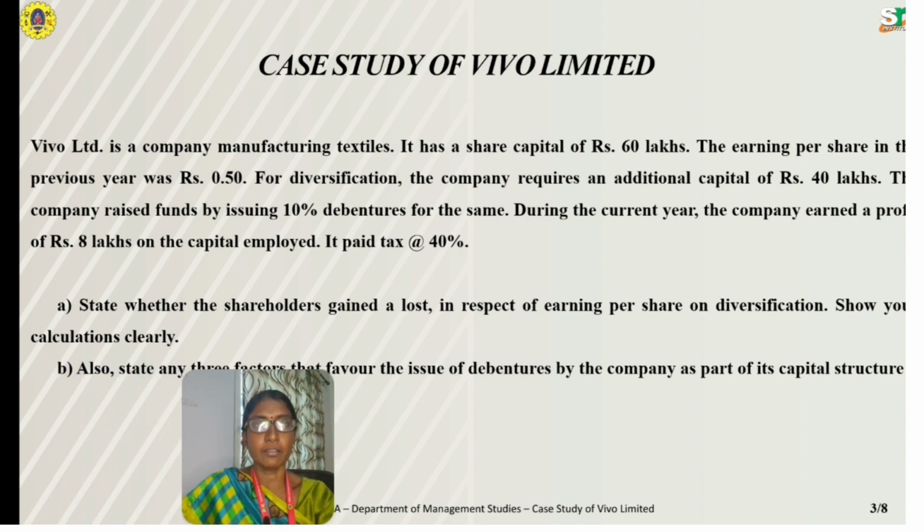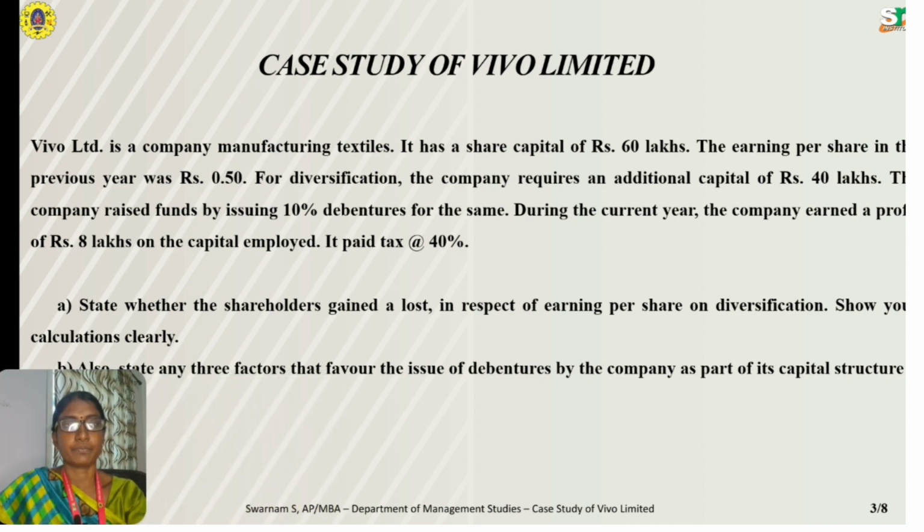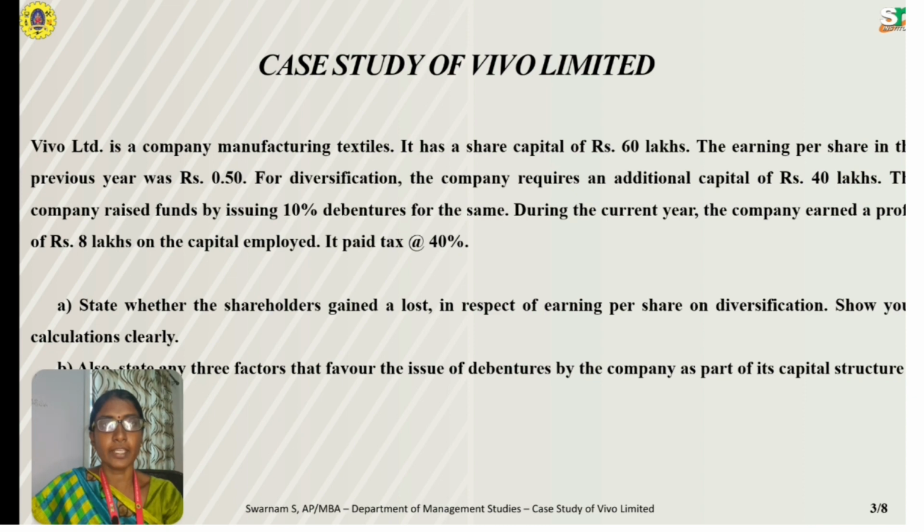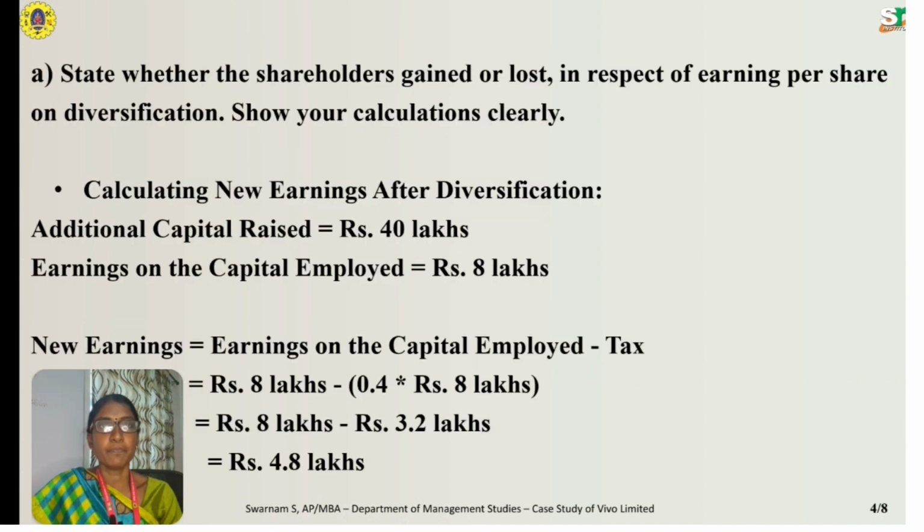The second is we have to state 3 factors in favor of issuing the debentures, because now the company has issued debentures. So, we are going to bring 3 points in favor of issuing the debentures by the company on its capital structure. Let us get into the discussion part of this case study.